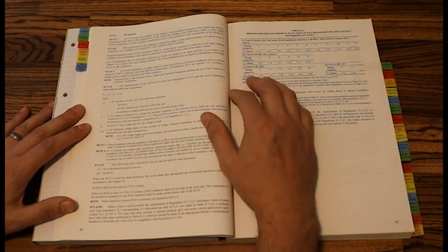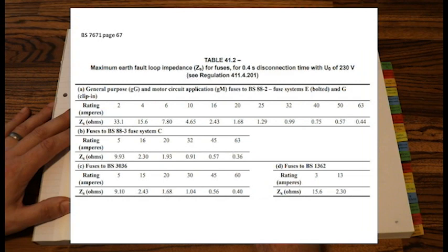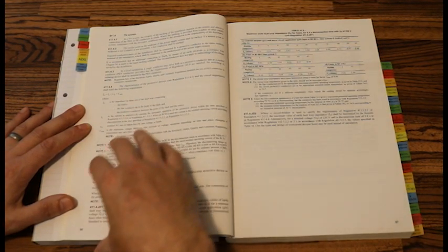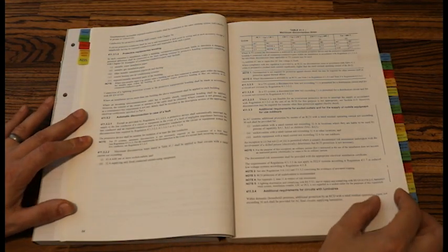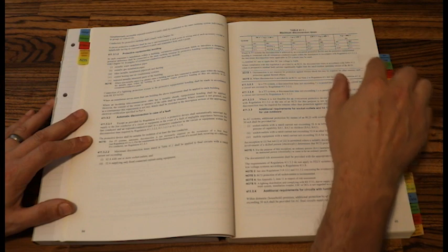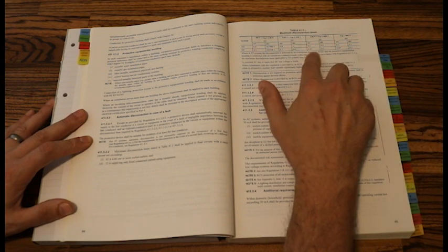Table 41.2 says maximum overall loop impedance ZS for fuses for a 0.4 second disconnection time. So if we look at the disconnection times on the previous page, we have our disconnection times here.